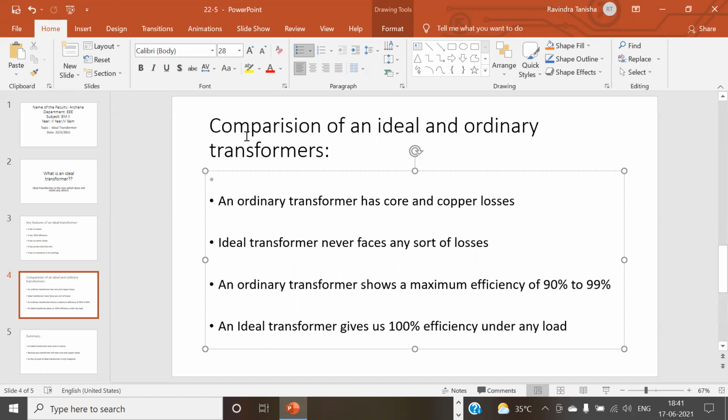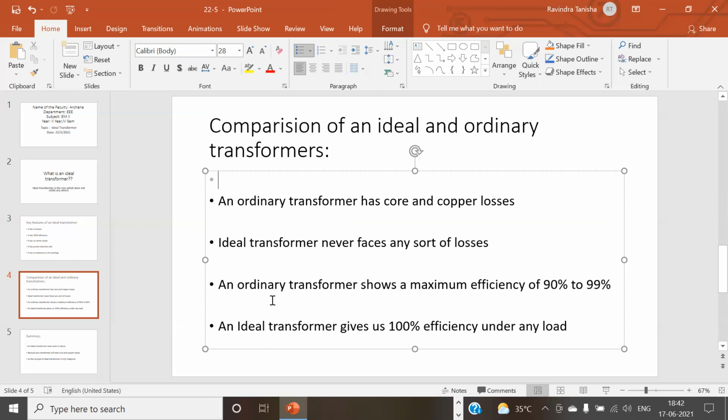What do you mean by copper loss? Copper loss is the one which is always variable, always changing with respect to load or load current. So copper losses are called winding losses, or also variable losses. An ideal transformer never faces any sort of loss, whereas an ordinary, conventional or normal transformer will have a few losses, at least the iron and copper losses.